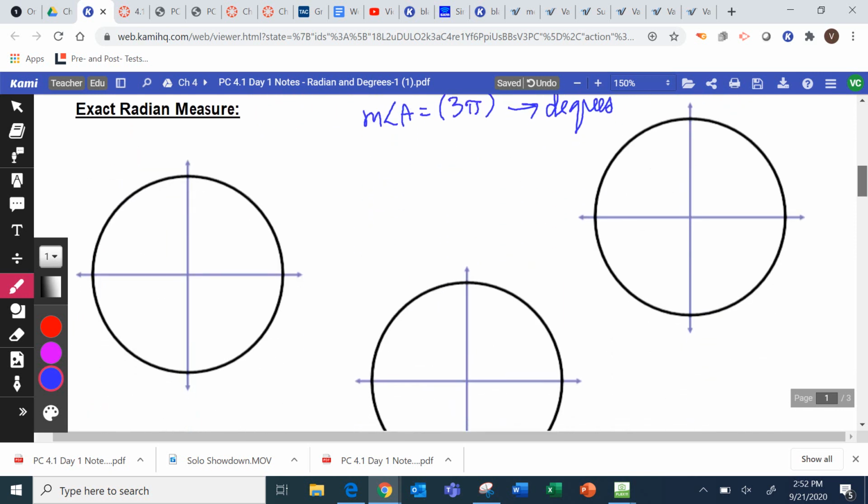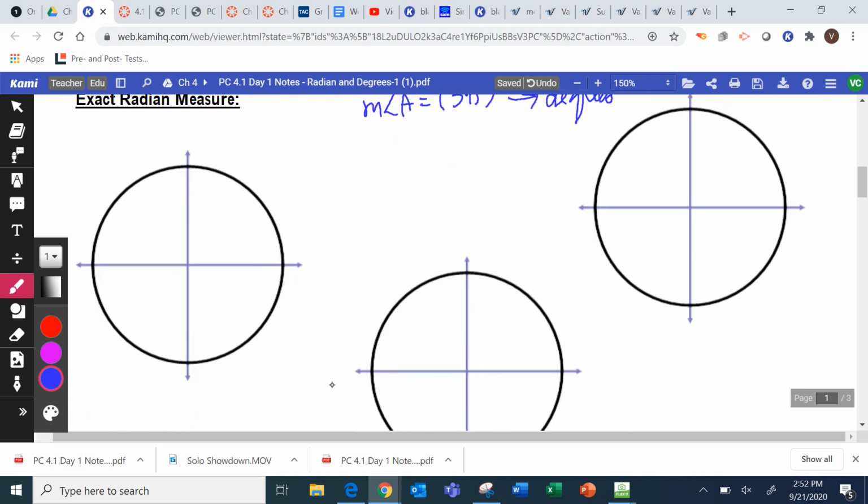All right, in these circles, I'm just going to talk about how we can find specific radian measurements quickly and easily. And you'll have to use this to find some other answers. Let's say right here's our initial side.